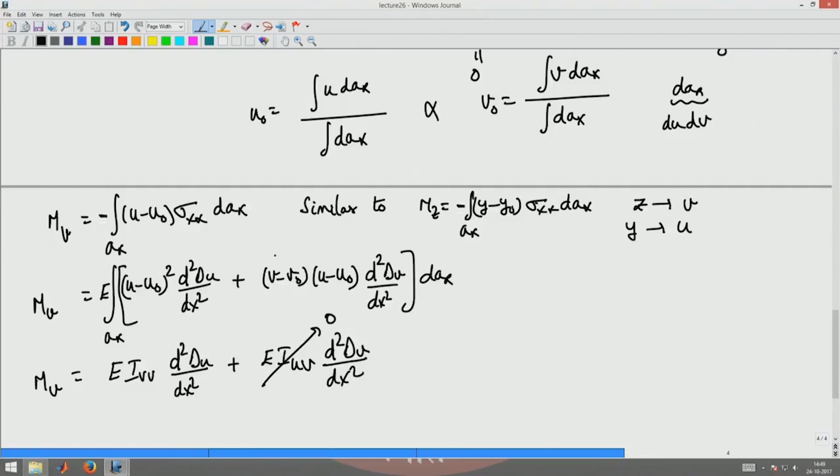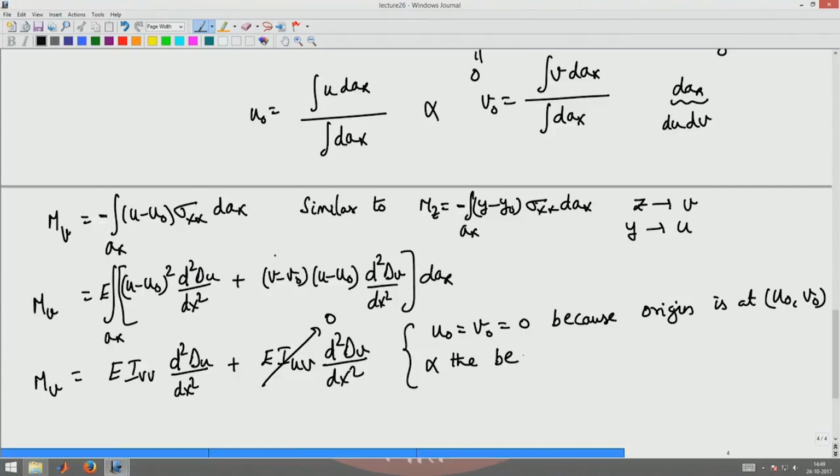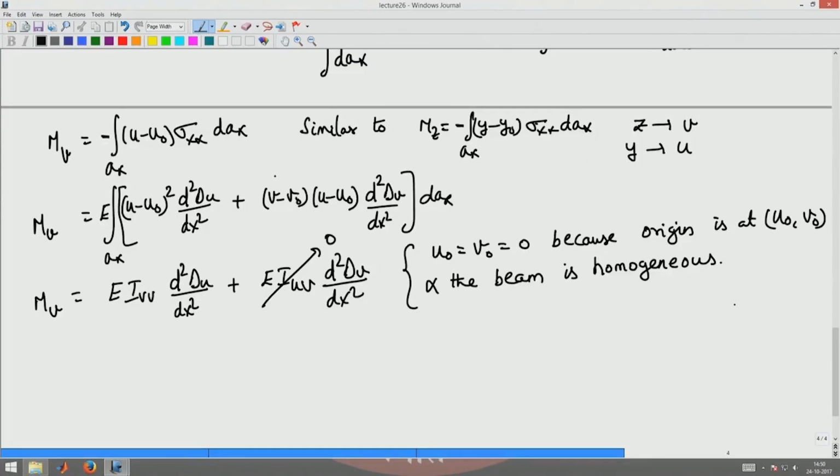Here I have used the fact that u naught, v naught is equal to 0 because the origin is at u naught, v naught, and the beam is homogeneous. So, that is the first equation.